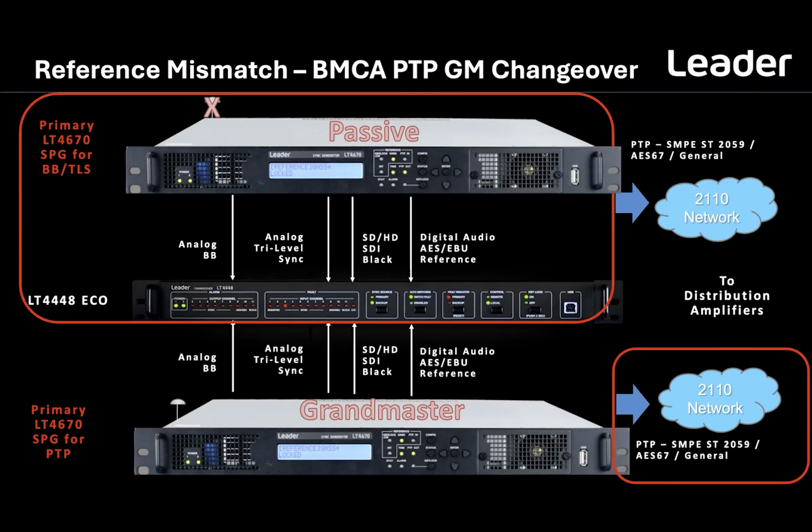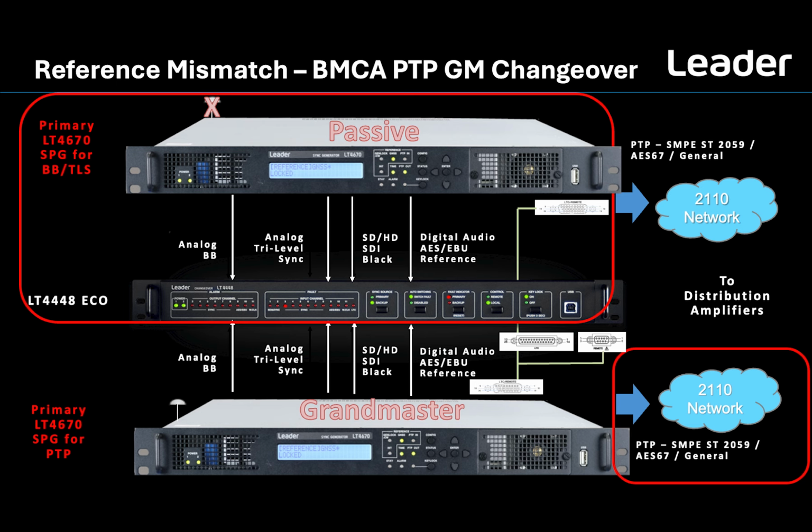So here we have a scenario where there is a reference mismatch. The best master clock algorithm has selected the backup LT4670 as the Grandmaster because it still has a GPS reference, whereas the primary has lost its reference and has therefore changed from clock class 6 to clock class 7.